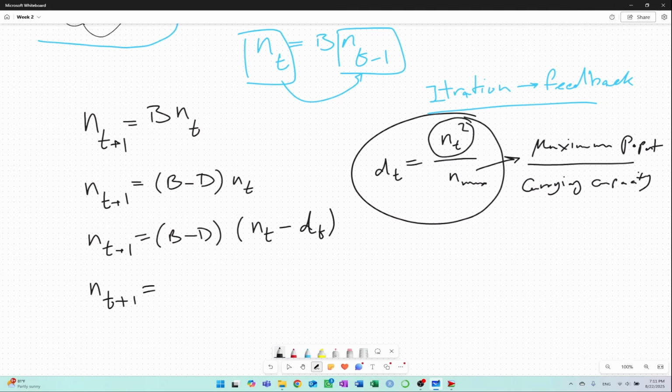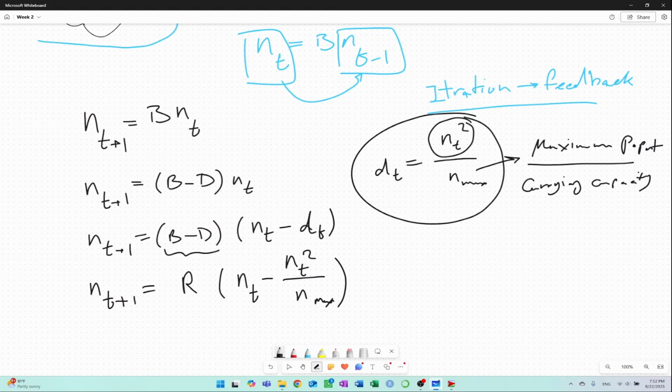Let's call b minus d r, as a rate. Obviously, if the death rate is 0, this r is going to turn just to the birth rate. And then r times n sub t minus n sub t squared divided by n max, which is the carrying capacity. And this is the formula.